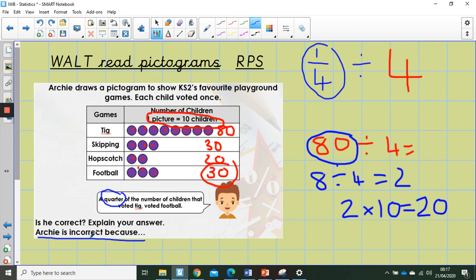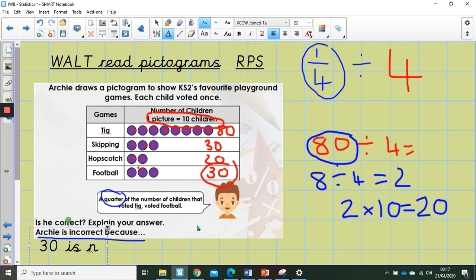No. So Archie is incorrect because 30 is not a quarter of 80. Okay, have a go, see what you can do today. Well done.